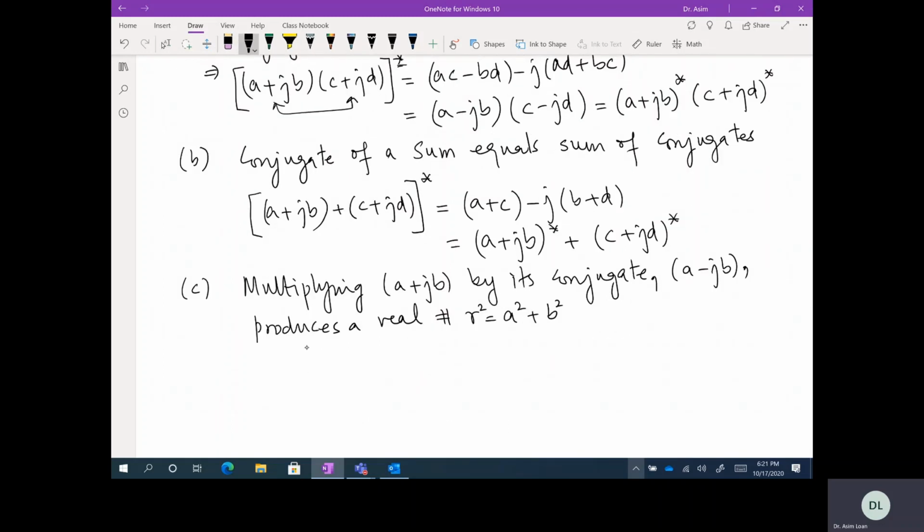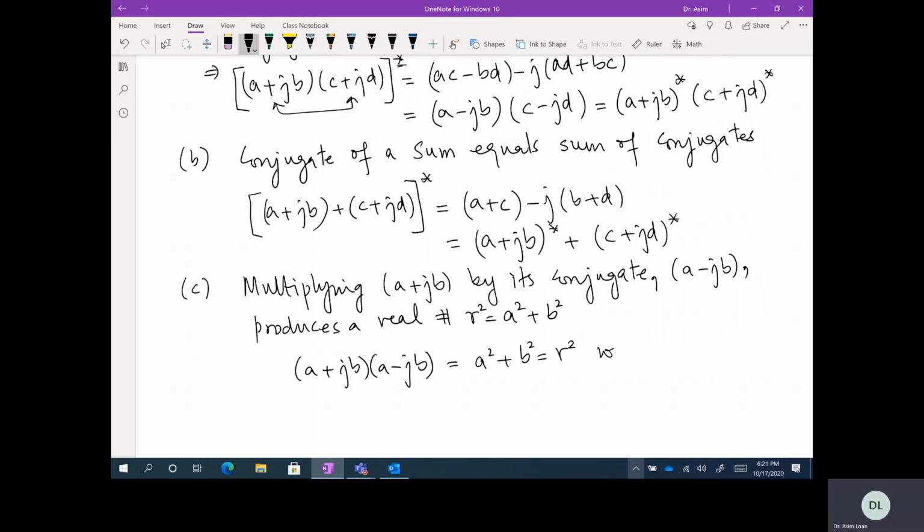We can see that A plus JB into A minus JB equals A into A is A square, plus JBA minus JBA cancels, and plus into minus is minus, J square is minus one, so this gives plus B square, which is R square.